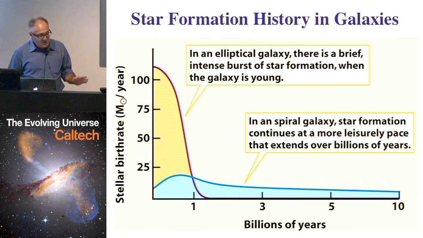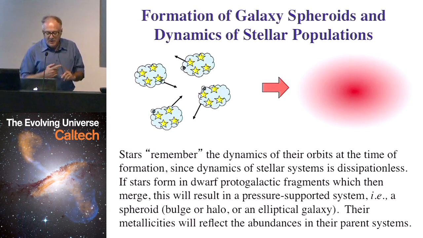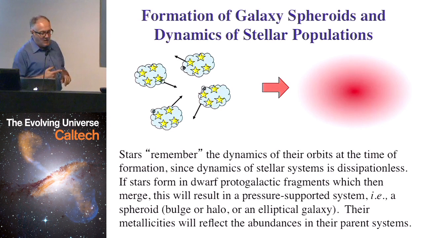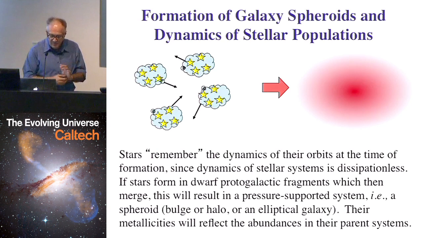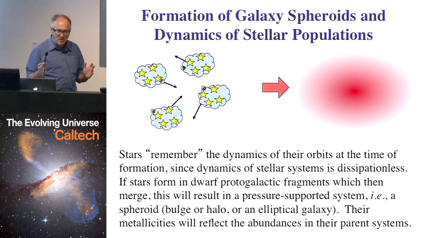So that's as far as stars are concerned, but how do you connect this with the dynamics of galaxies? Well, here is the basic idea. It all depends on when you make stars versus when you assemble stuff, gas, into the bigger galaxy. And if you make stars in small protogalactic pieces like dwarf galaxies and then merge them, those stars are mass points. They conserve energy, momentum, angular momentum.